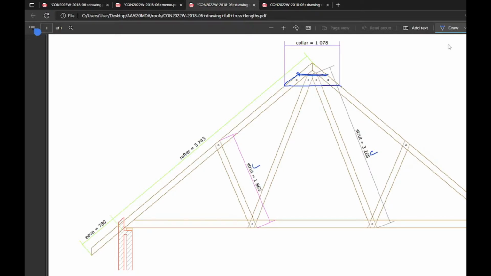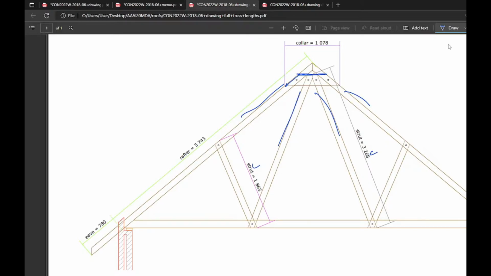I assume either it'll be indicated there or in your spec that there's a collar, and when they say there's a collar, there's something holding the struts to the apex of the truss. So struts all come together with the rafter and meet at the collar. I'm not actually entirely sure how we would figure out the size of the collar. I guess we just assume it's the top of the strut.